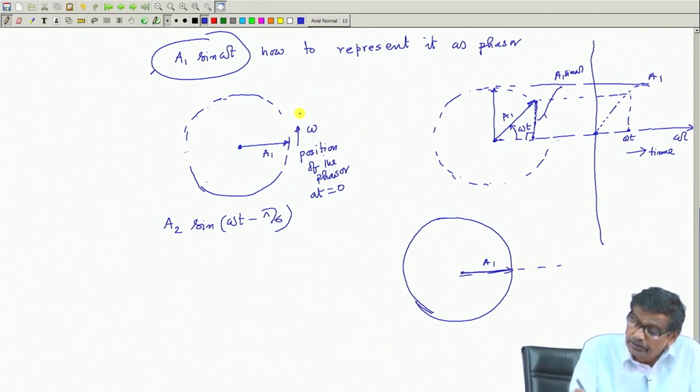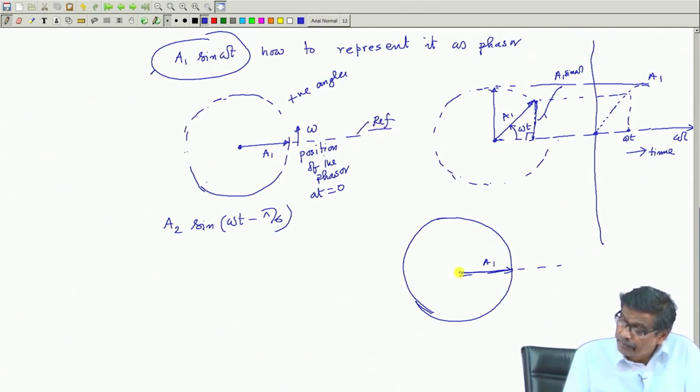So, this is the positive direction of measuring angle, anticlockwise, positive angle with reference to this reference horizontal line. This is A1, it was fine, but at t equal to 0, this phasor is also moving with omega, and depending upon its magnitude, the radius of the circle will be set.